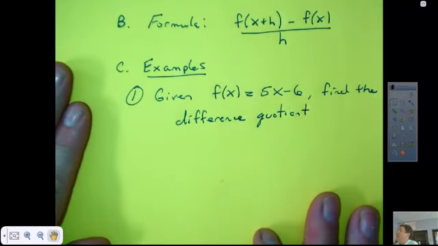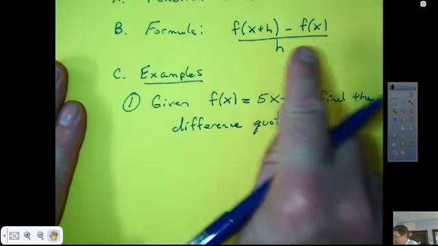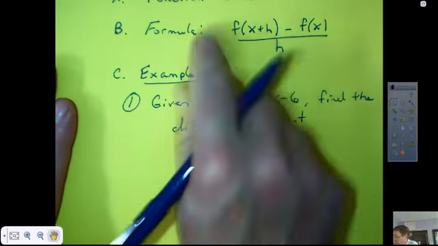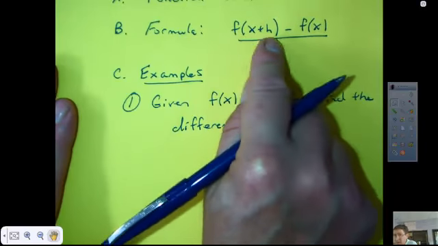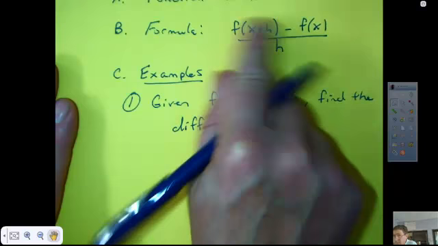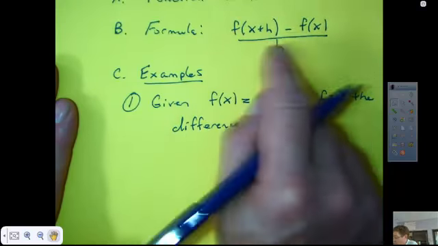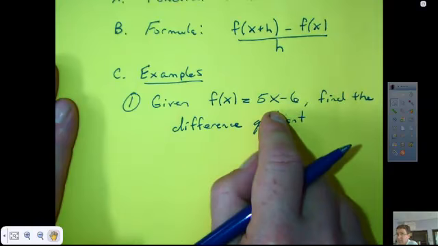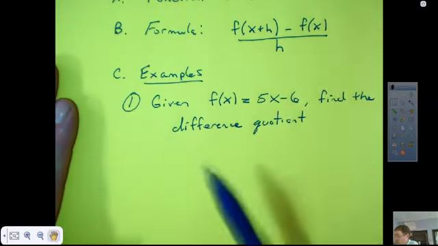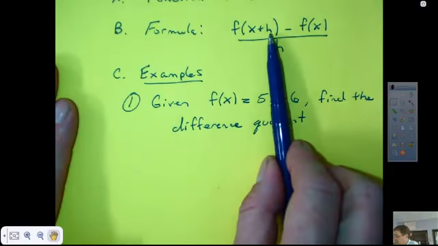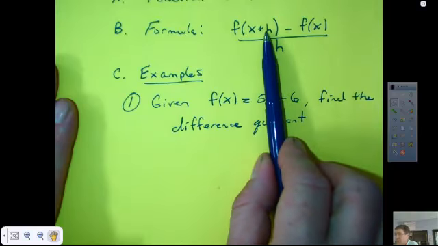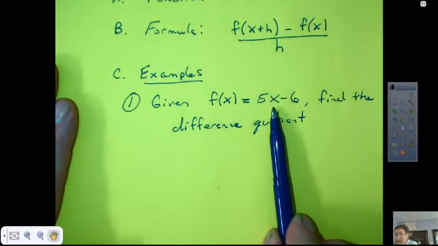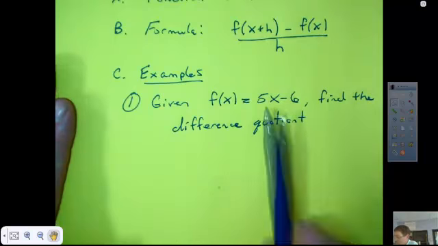All we do is exactly what this says. The first thing to find is f of x plus h. How do I find that? What do I put into the x in the function? This says take x plus h and put it into the x in the function.